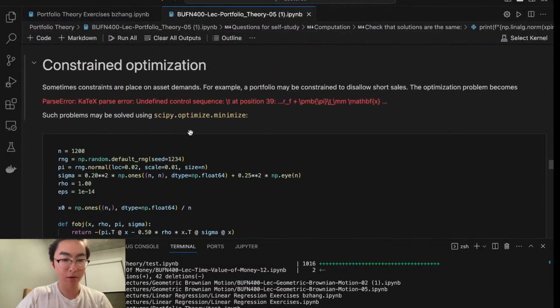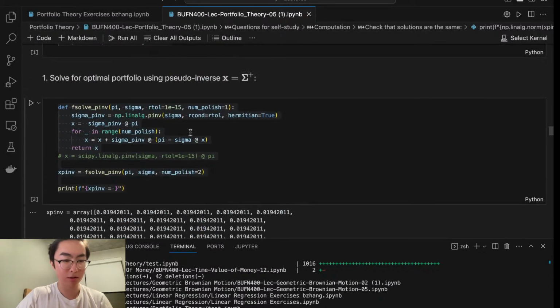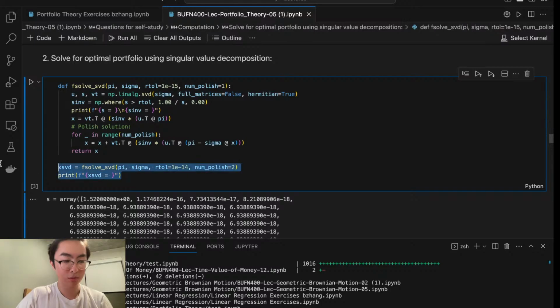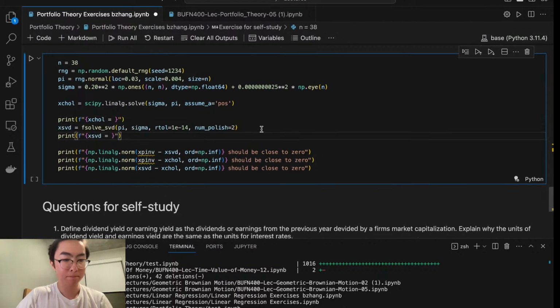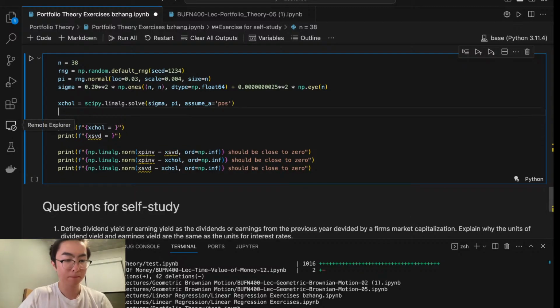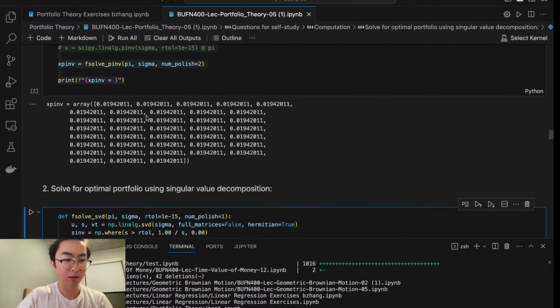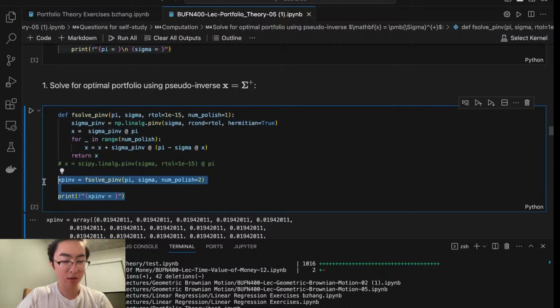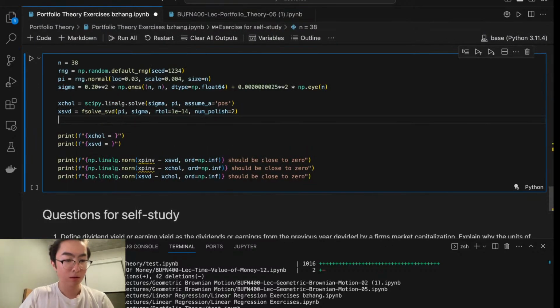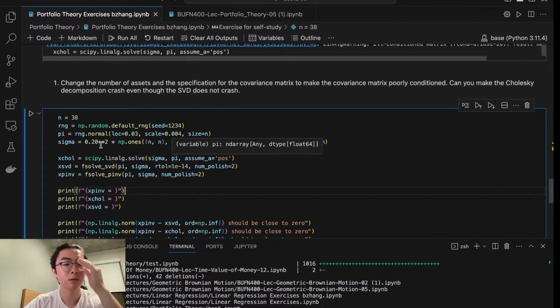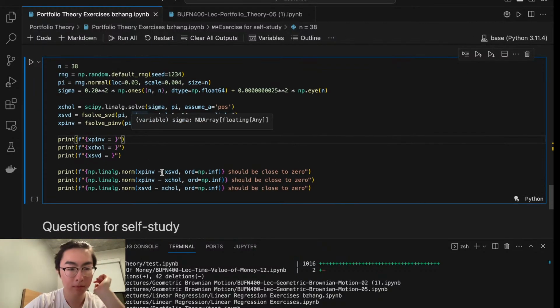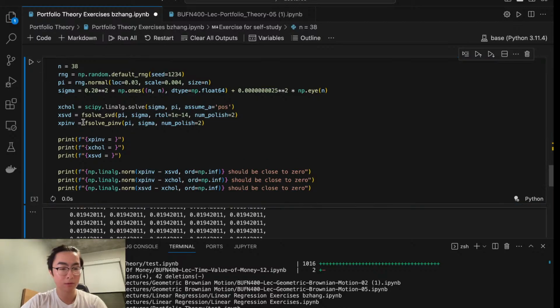Oh yeah, what did he have here? Constraint optimization, I think it was. And then the pseudo-inverse. Alright. So pi sigma is equal to Cholesky, right, print.